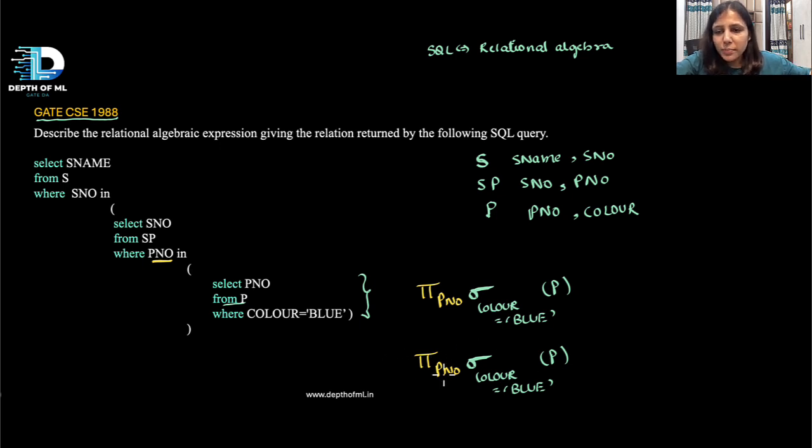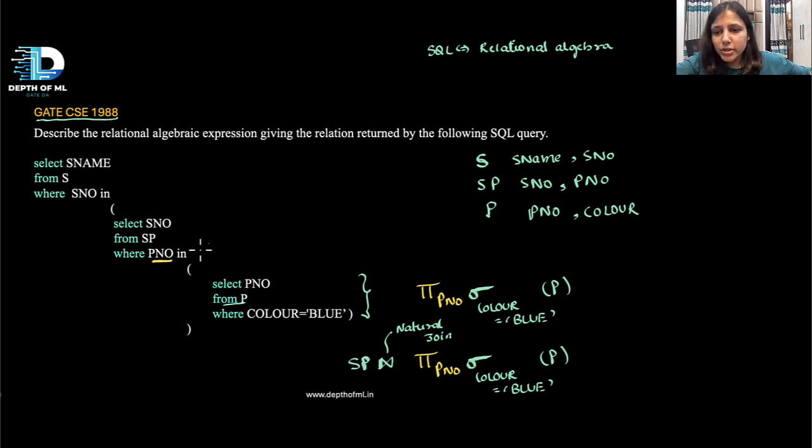In this you have a PNO, and you have the SP table where you had SNO and PNO as well. So you can do a natural join, and I'll join it with SP. Now I have joined it with SP.